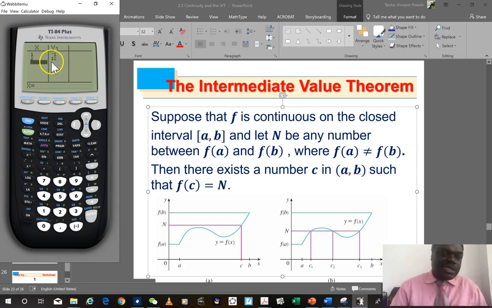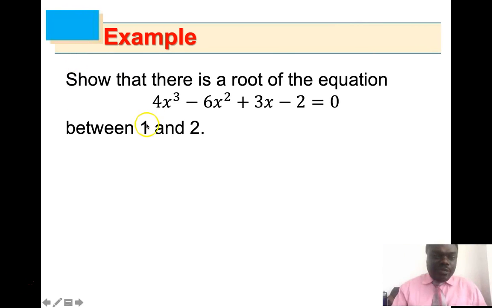You see that f of 1 is negative and f of 2 is positive. Because this is a continuous function, for it to go from -1 to +12, it must pass through 0. Right? So that's our argument.